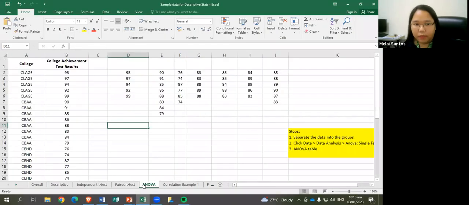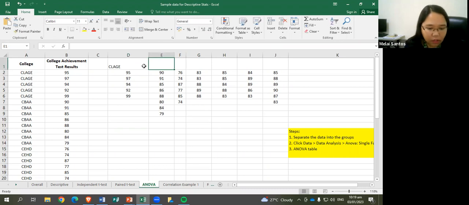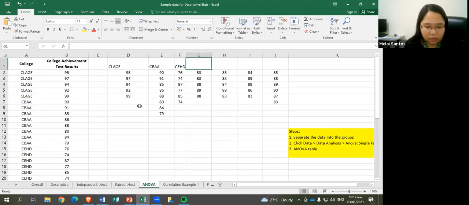Let's go to your ANOVA, please. For the ANOVA, it's already here. What's next? CDAA. CHMT.